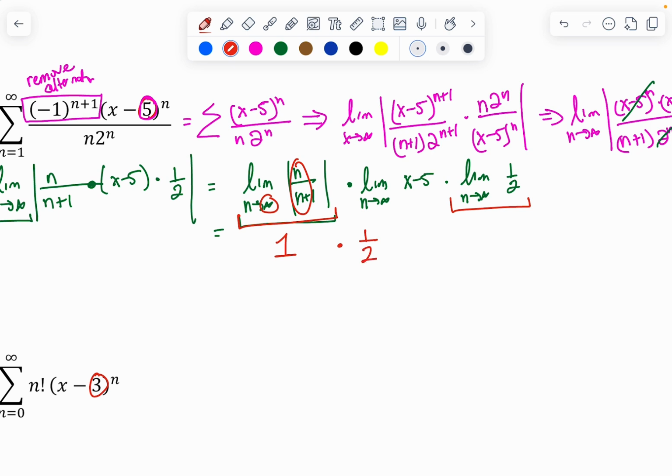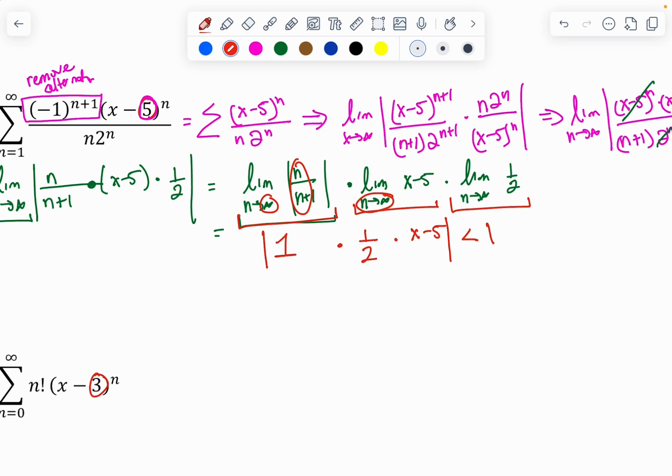And remember, all of these are staying in this absolute value, okay? Times this part right here, again, there is no n here. So you're basically just going to be left with x minus 5, and that has to be less than 1 to converge. So this is what I mean when you end up with a possible interval of convergence.